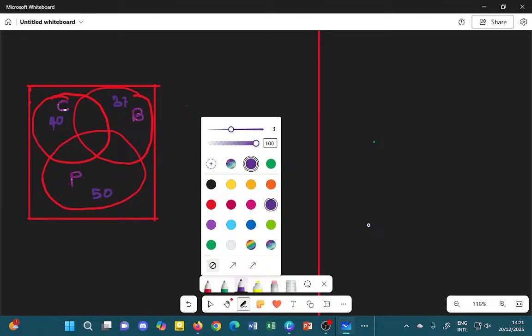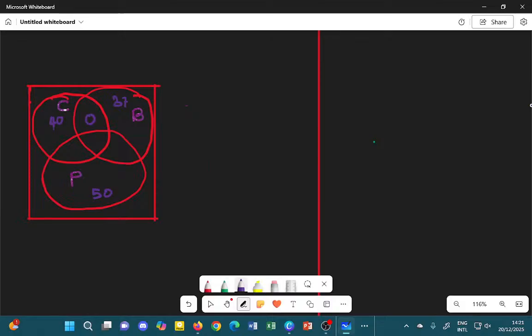At the point of intersection between C and B, we are saying there's nothing. So there we have 0, because nobody likes both color and branding.